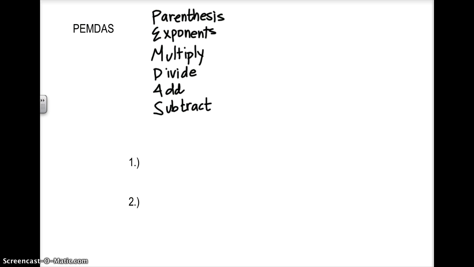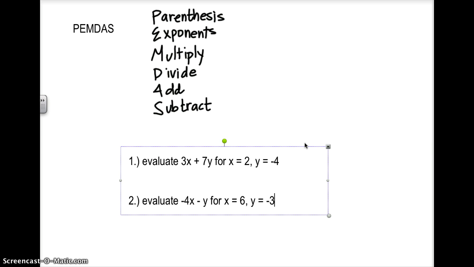Okay. 2 quick examples for you to try. Here we go. Every time you do an evaluation problem like these 2 that you're going to try right now, you need to start by substituting with parentheses. Okay?